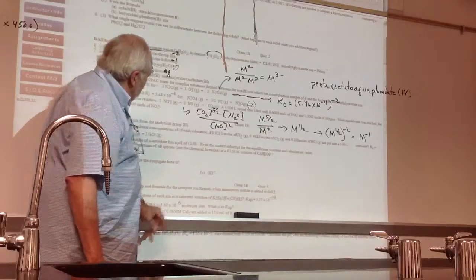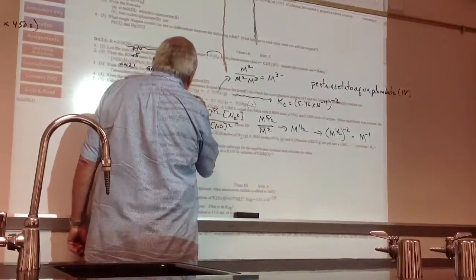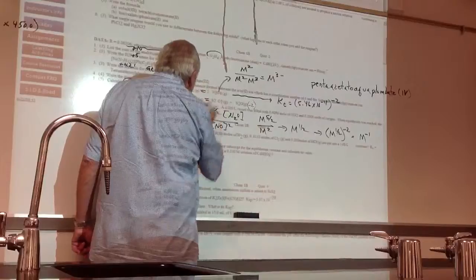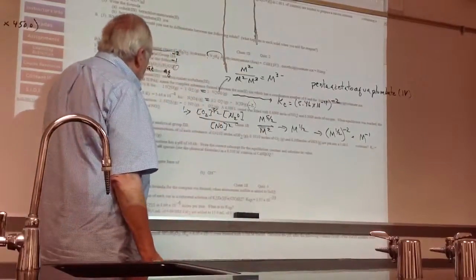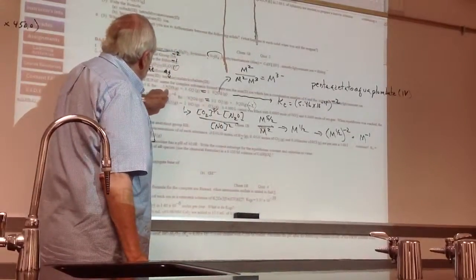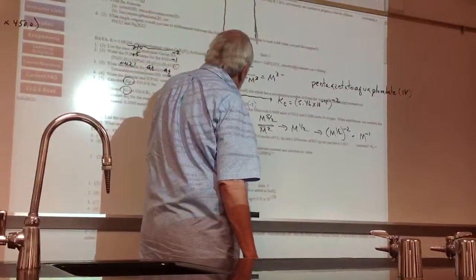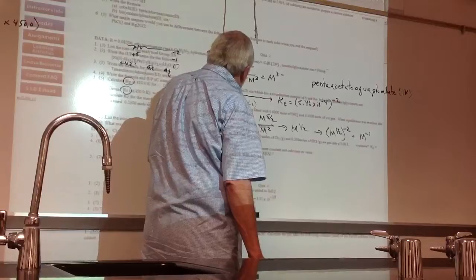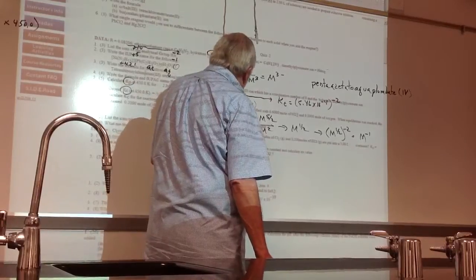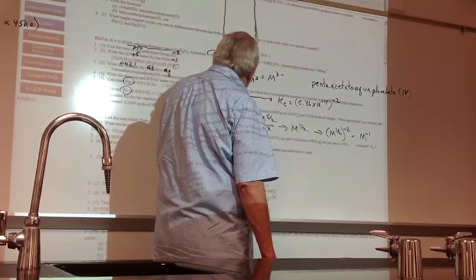So did I do that right? Let me make sure I got my sign here. Squared, cubed, squared, squares go out, so it's -3. So now I have to look at what I did here.